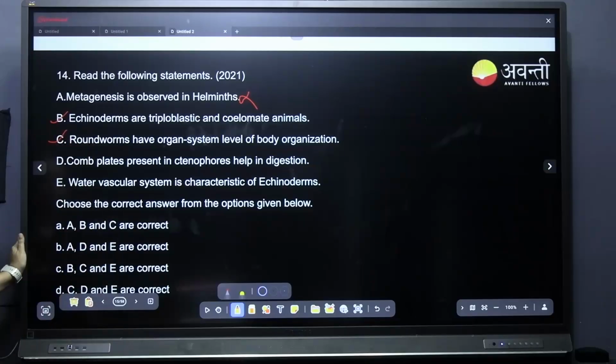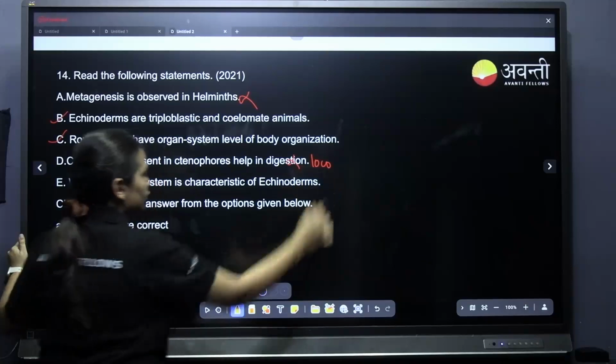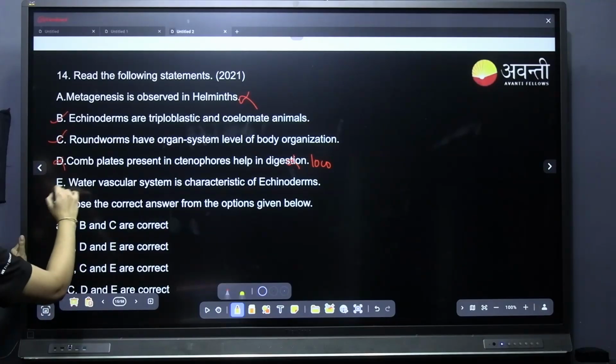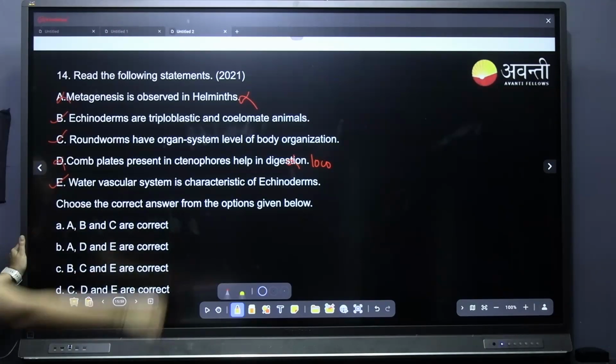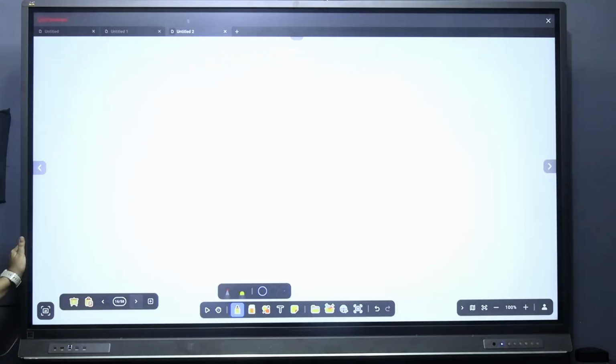This is also correct. Comb plates present in ctenophores and helps in digestion. No, it does not help in digestion, it helps in locomotion. So, this is wrong. Water vascular system is a characteristic of echinoderms. This is right. So, B, C, E is right. That becomes C as a right answer.